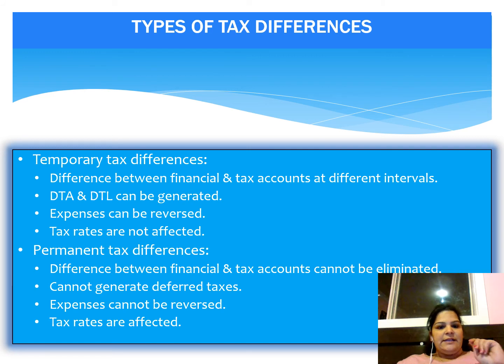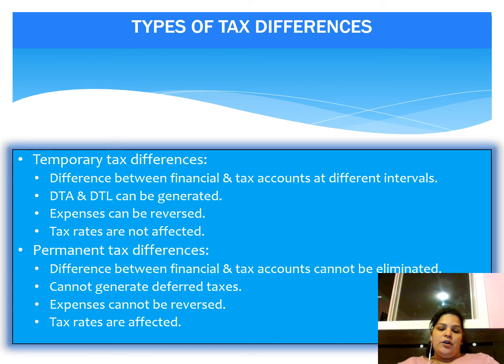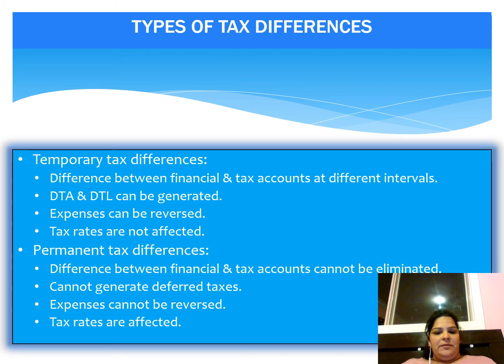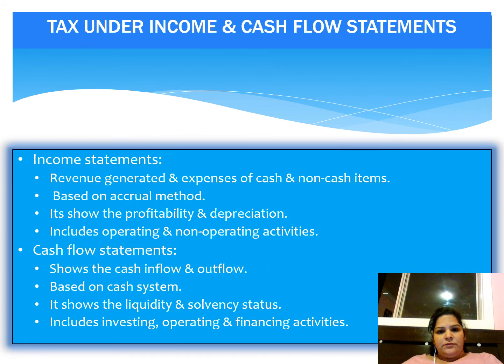And permanent tax difference is the difference between financial and tax accounts that can't be eliminated. It's not short term, it's long term, and no deferred tax can be generated. The expense can't be reversed.